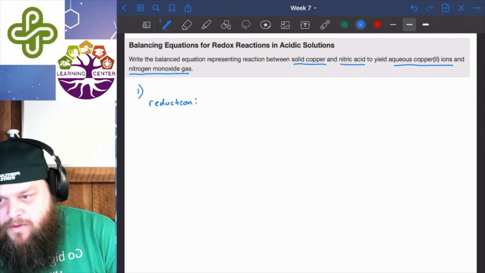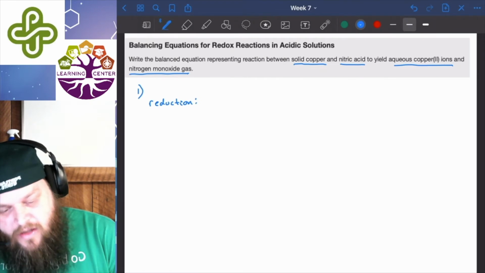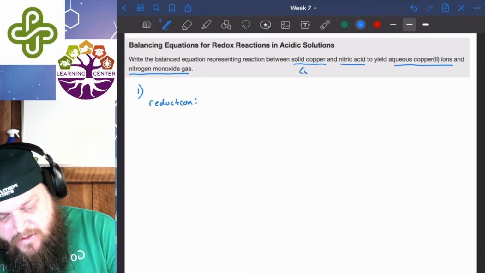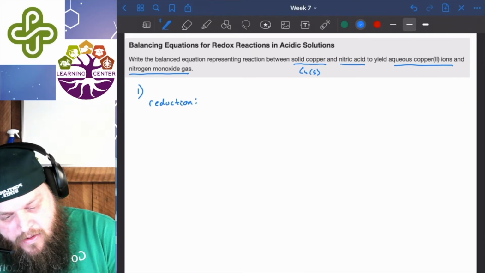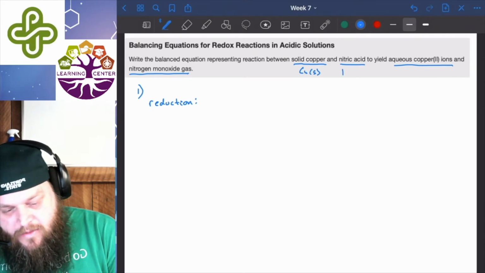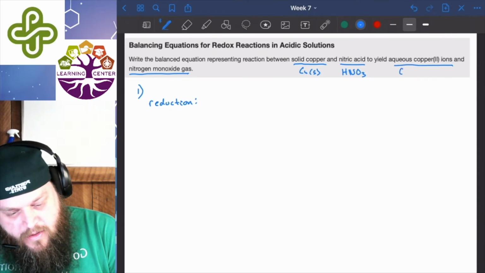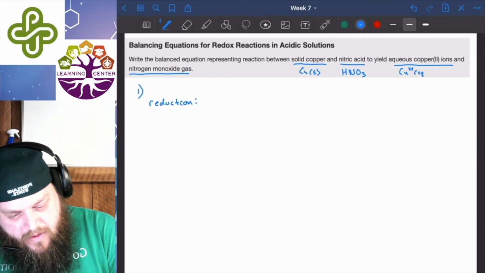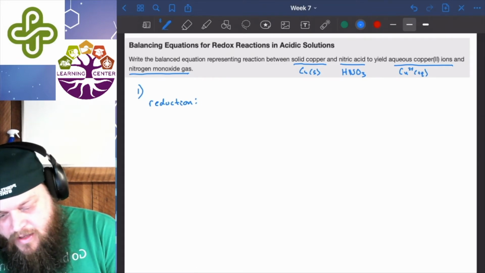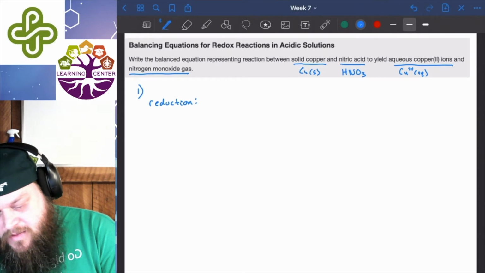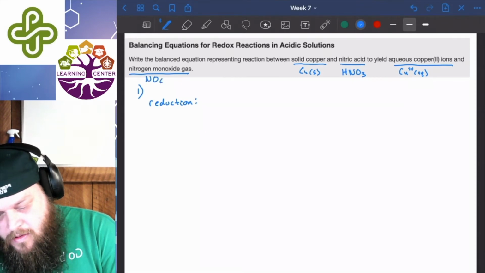So solid copper is Cu solid, nitric acid is going to be HNO3, and then aqueous copper 2 is going to be Cu2 plus aqueous, and the nitrogen monoxide gas is going to be NO gas.